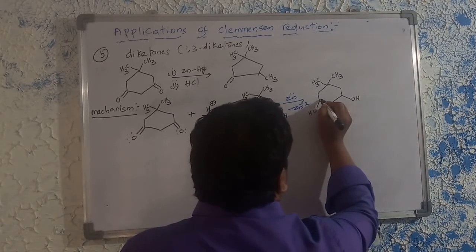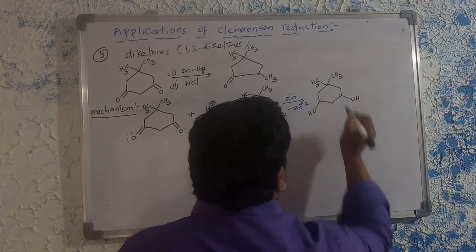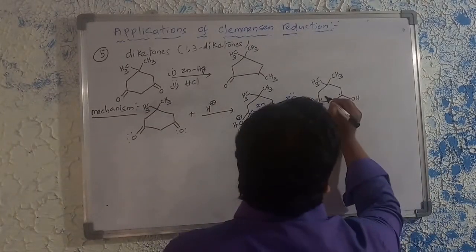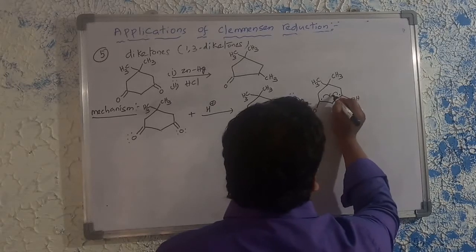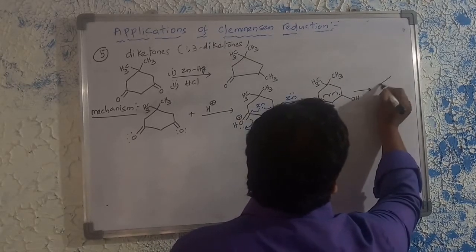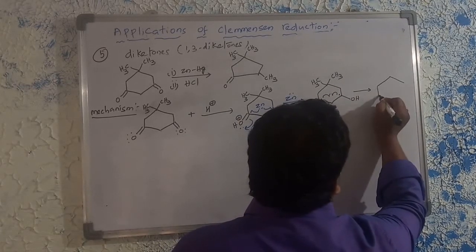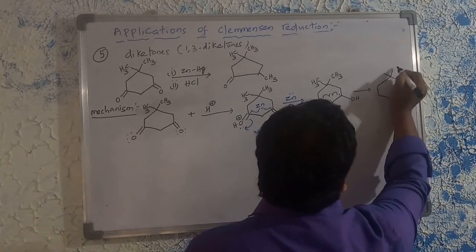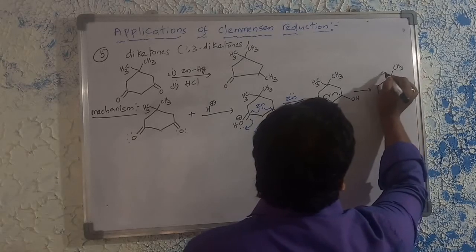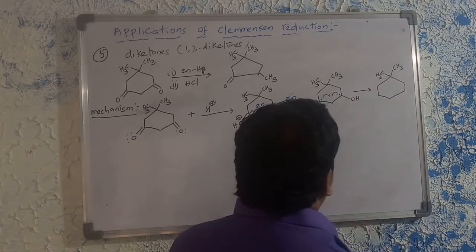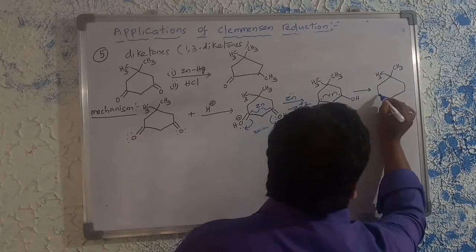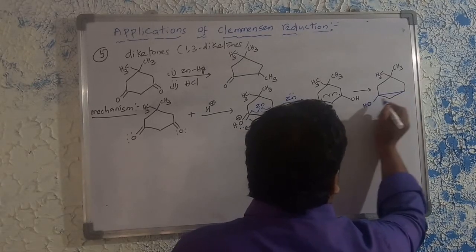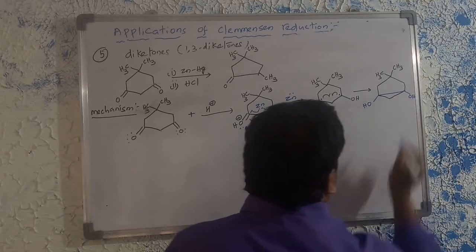Here we have radicals. These radicals combine to form a cyclization. CH3. Here you can see this is OH, here also OH.